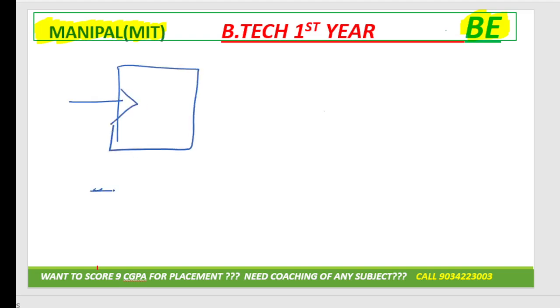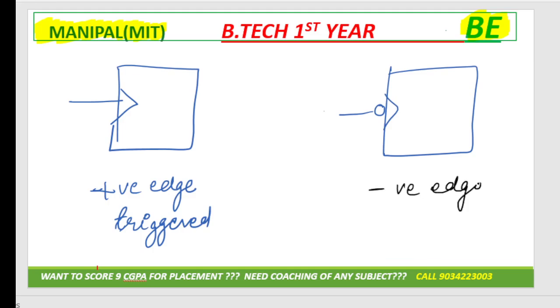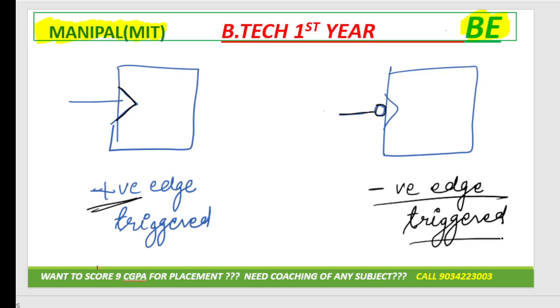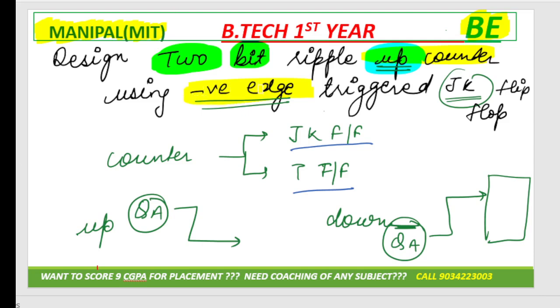One is the positive edge triggered, and this one is the negative edge triggered clock pulse. यहाँ पे if there is no circle, then that is represented as positive edge triggered, and if there is a circle, then in that case that would be the negative edge triggered clock pulse. So this one, they have mentioned in the question that they are using the negative edge.